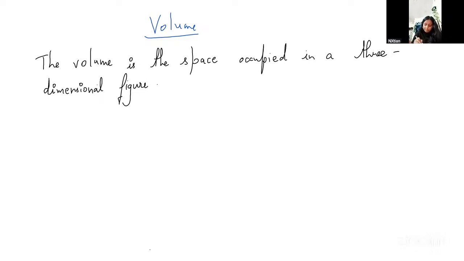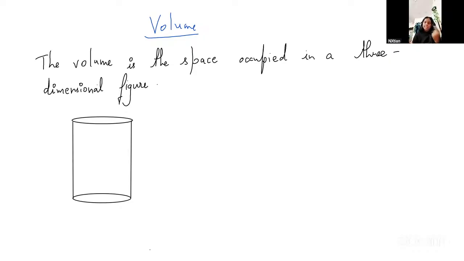For example, I am making a cylinder. Okay, this is a cylinder.